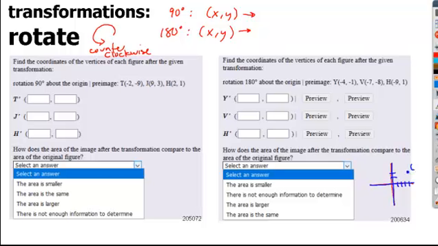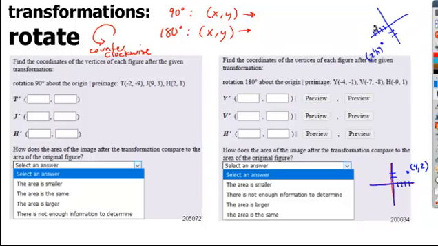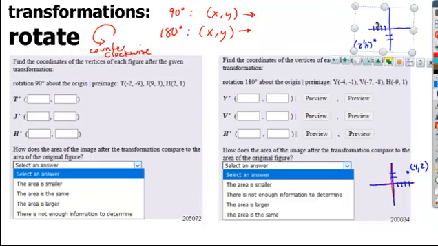So if I took this point that's 4, the coordinate's 4, 2. If I took this image right here and I rotated it 180 degrees, let's take a look at what happens here. So here's my rotation, 90 degrees, a full 180.